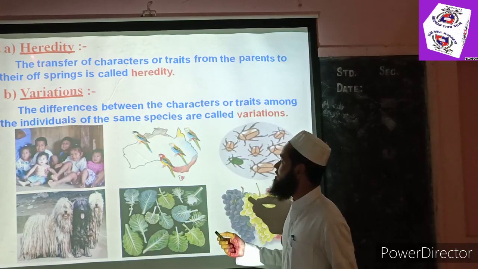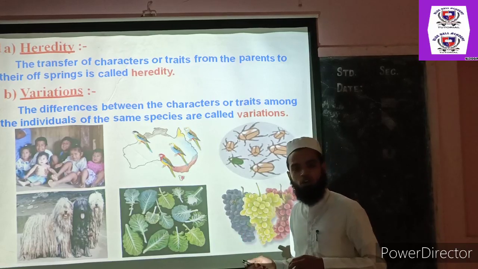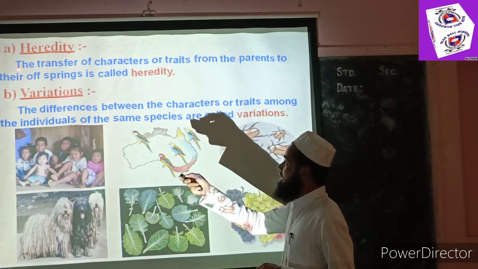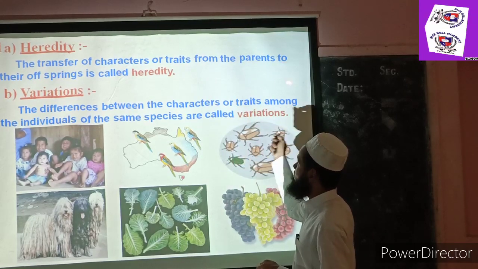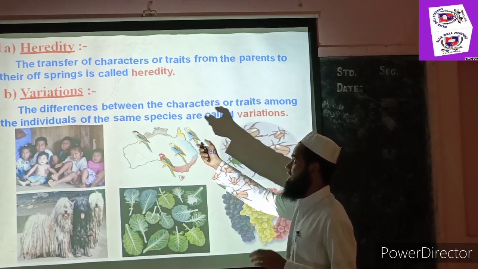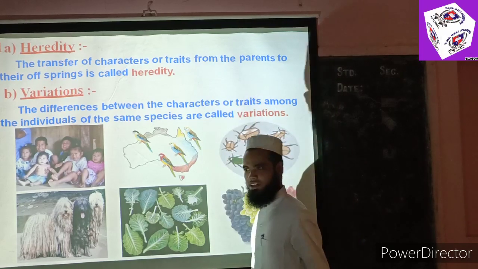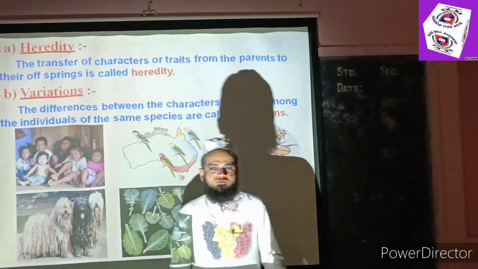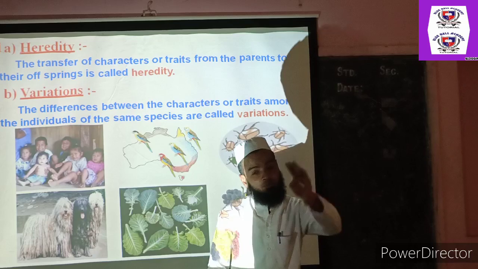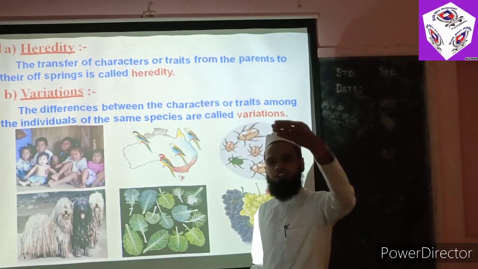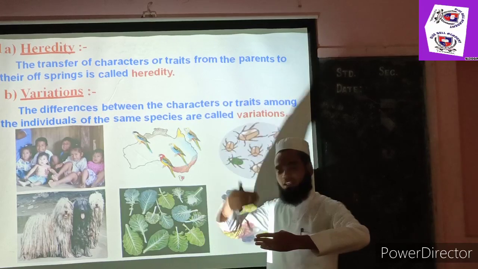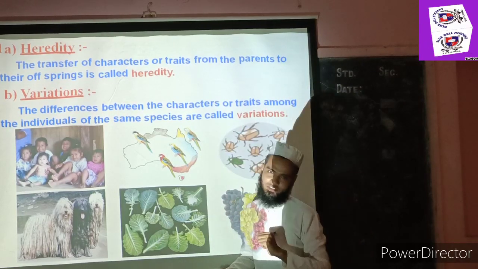First of all, I'll say what is the meaning of the word heredity. Heredity means transfer of a character or a trait from the parents to their offspring. It is called heredity. You all came from your parents, and your parents came from their grandparents, and from one generation to the next generation, the characters are transmitted.